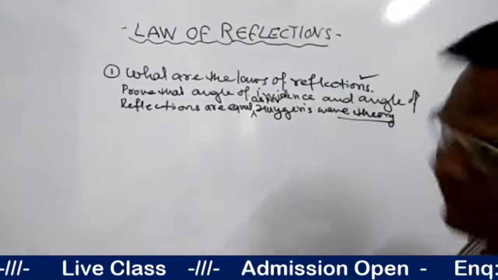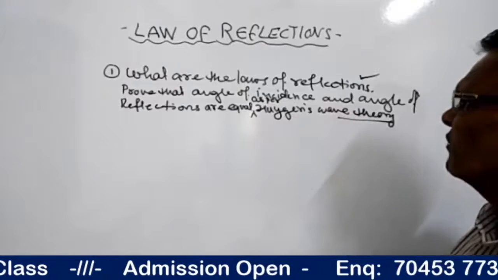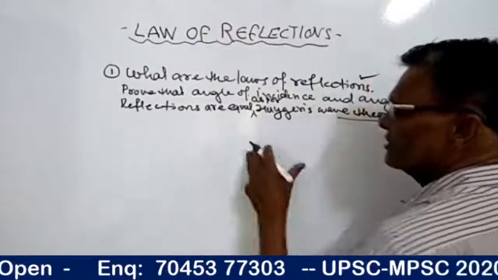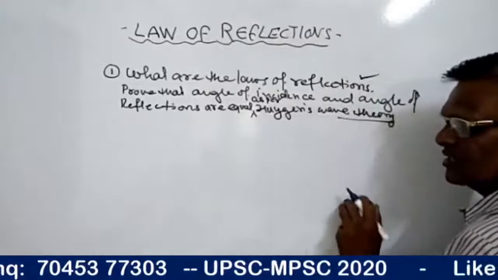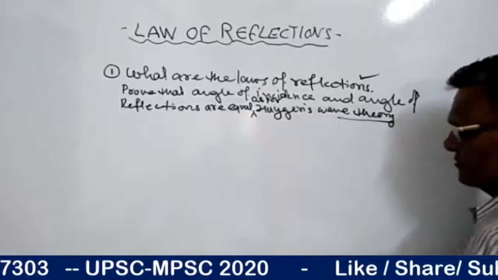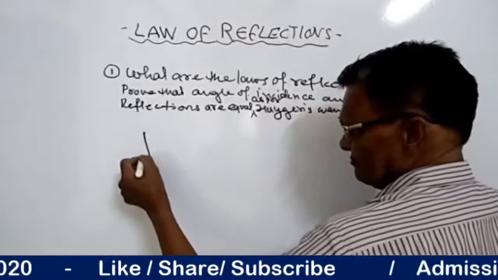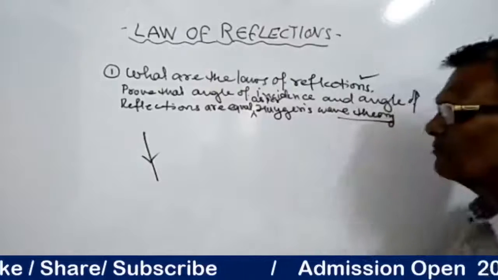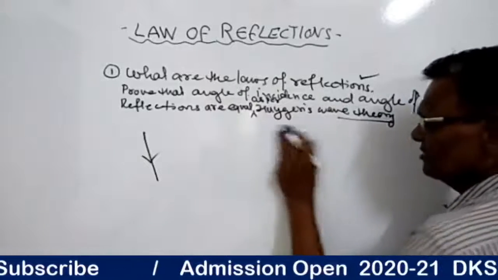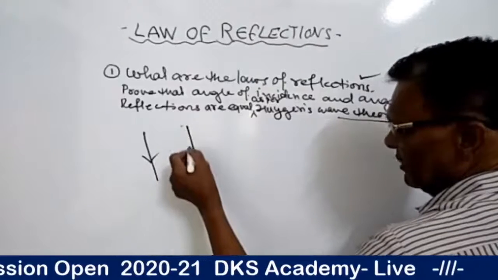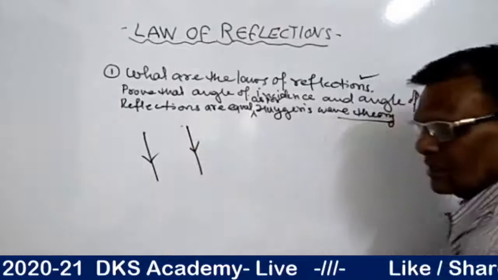So there is one difference between the law of reflection which we have studied in the standard 10th and law of reflection which we have studied in our 12th level. That in 10th we are considering only a single ray, but now we are considering not only single rays but all rays between two parallel rays.